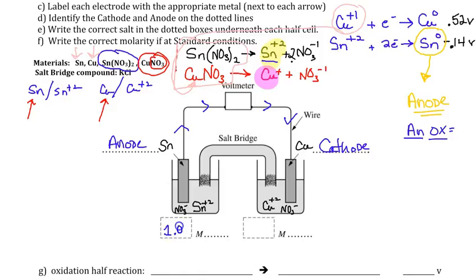I'll go 1.0 molar. So these concentrations are 1.0 molar. 1 mole of copper ions per liter of solution. Molar of what? Well, we could write Sn plus 2, or we can write Sn(NO3)2, and of course, this is 1.0 copper nitrate. Now I can see I made a mistake already and people are yelling at me.